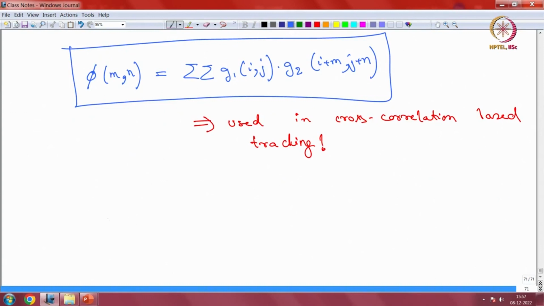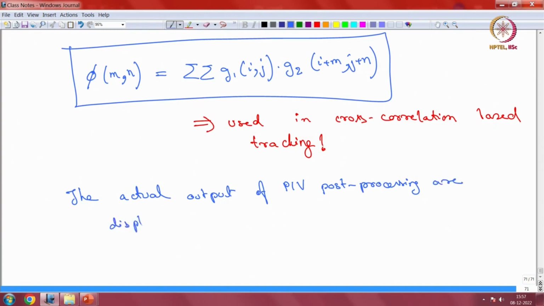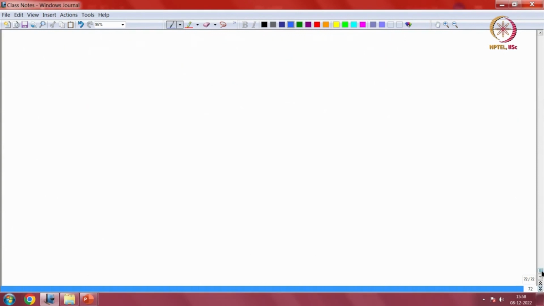So, the actual output of PIV post processing are displacements, which means my delta x and delta y of the interrogation windows, and from this you have to calculate the velocity, right.